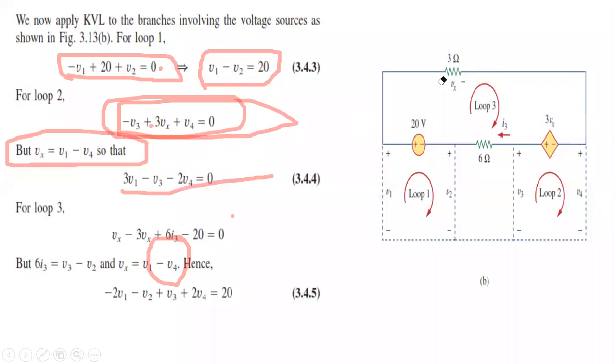If you start from this point, plus Vx minus 3, because minus is coming first, minus 3 Vx, 6 I3, because voltage across 6 ohm is 6 I3, I3 is the current, minus 20. This voltage is minus 20. So we have applied a KVL in this loop.